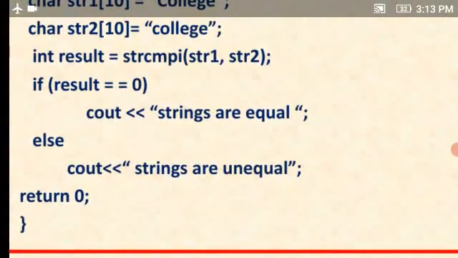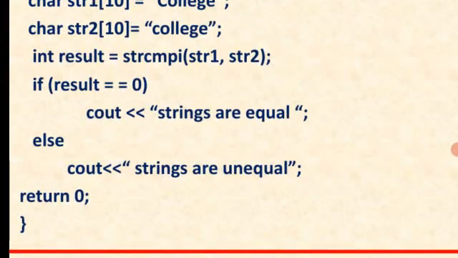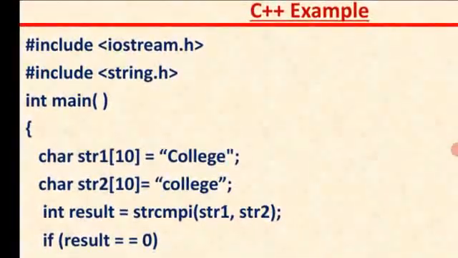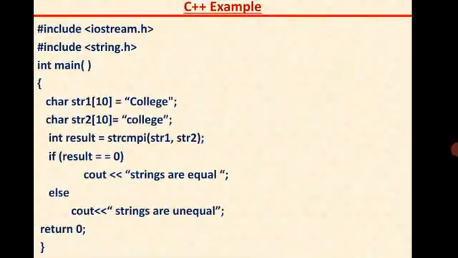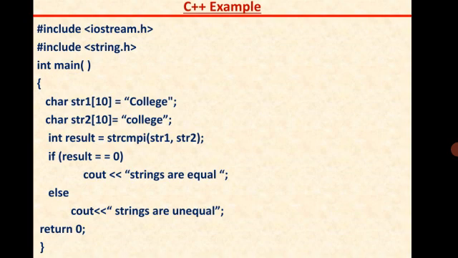So if the result is equal to 0, then both the strings are identical or equal. Otherwise, in the else part, I am printing strings are unequal. Finally we are using return 0 because we have used the int main function. So students, when you run this program, string 1 is college and string 2 is again college.